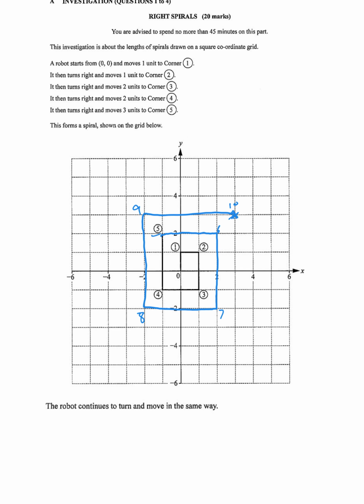So a y coordinate first of all of 1 gives us an answer of 1. A y coordinate of 2 gives us a vertical length of 1 plus 2 plus 3, which is 6. A y coordinate of 3 gives us 1 plus 2 plus 3 plus 4 plus 5.